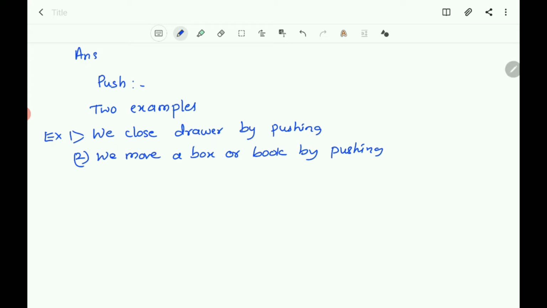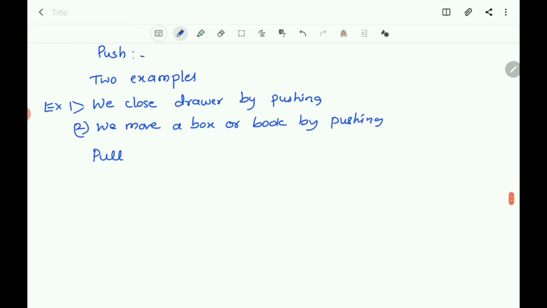Second, for pulling. Pull. Again, you know that to draw the water from the well, here you are pulling the rope.